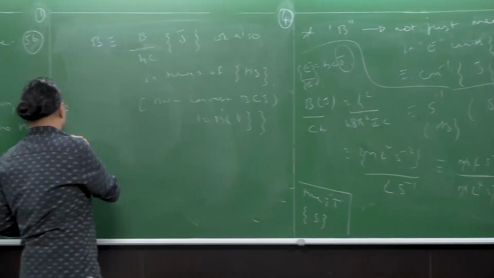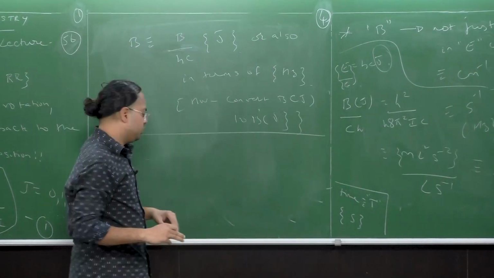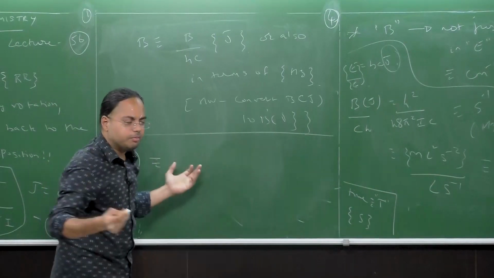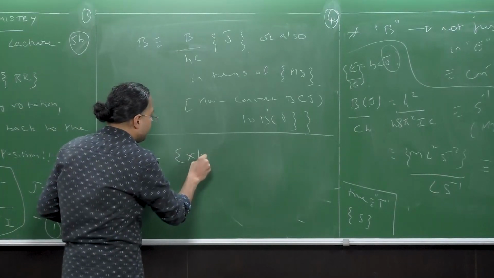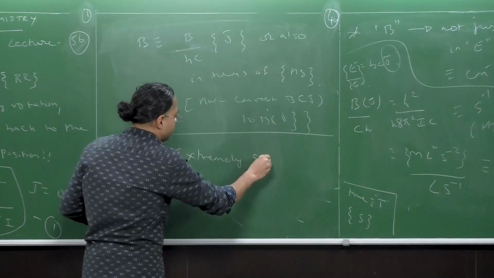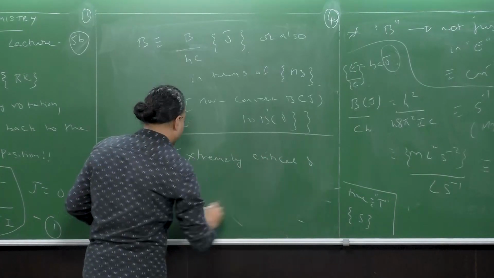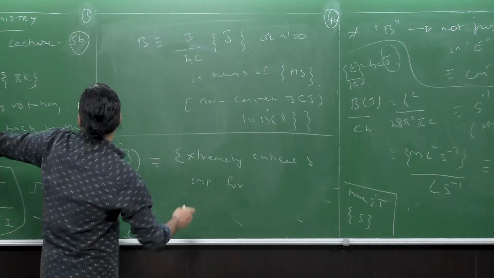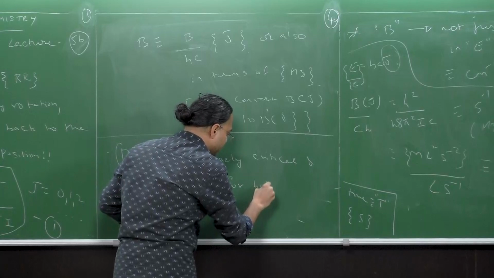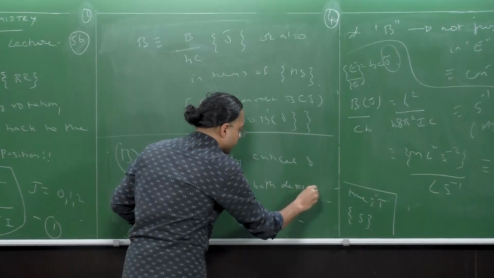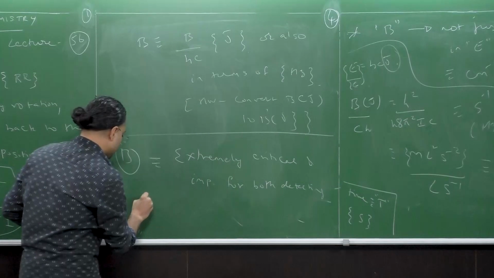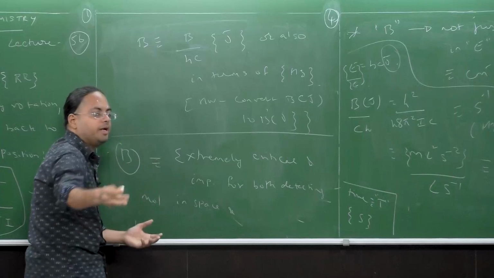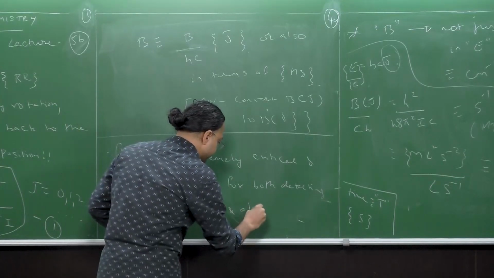Now, this rotational constant B, I cannot understate this statement, is extremely critical and important for not just detecting molecules in space, but also identifying them on Earth.